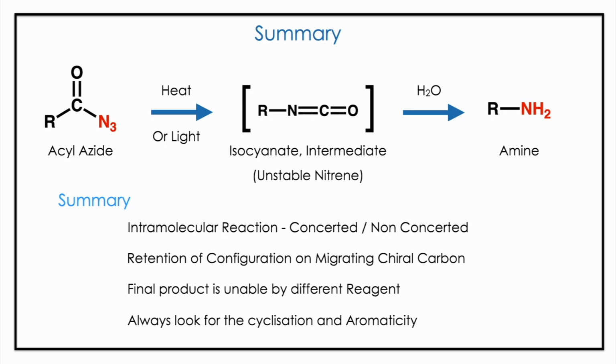In few cases it is non-concerted, and a very important thing is retention of the chiral carbon happens. If a chiral carbon migrates, it retains its configuration. Then the final product is tunable by different sets of reagents. The final product is tunable based on your interest. Final fact is, while doing mechanism, always look for cyclization and aromaticity.